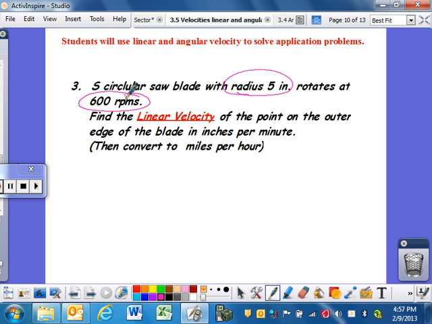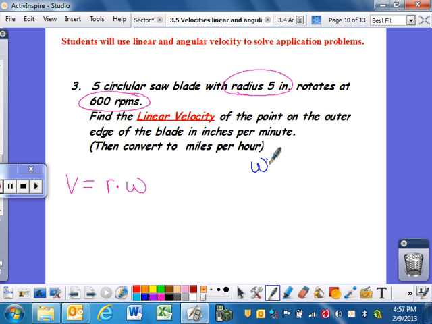Okay, so since I give revolutions per minute, the common one that we're going to use, the one that we'll use more times than not, is just going to be your radius times your angular velocity. So we go back to what I feel was the easier concept, the angular velocity. Can you find that?